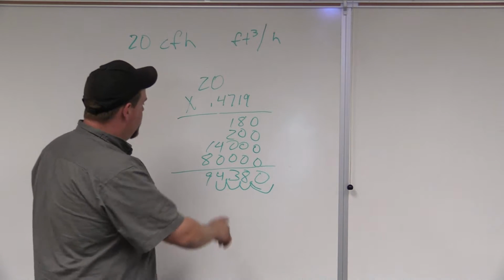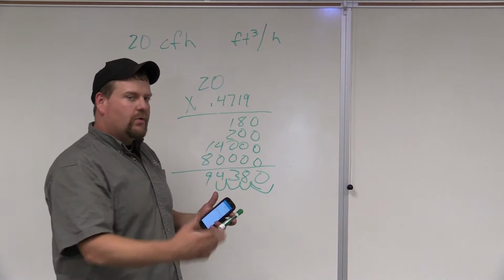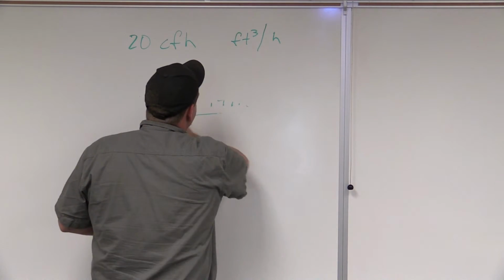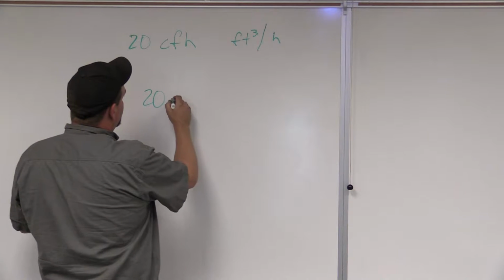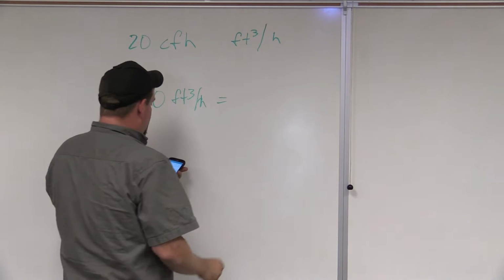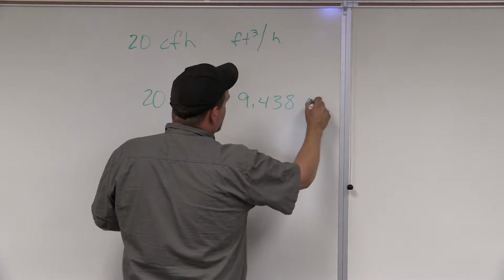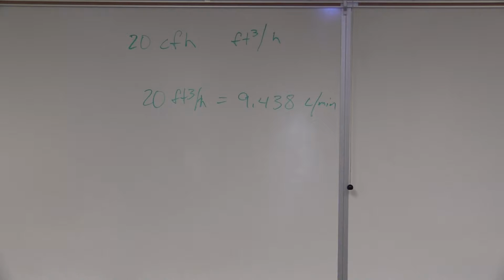If not, I would have ended up with something like 8, and we'd know that might be a little off, and I would redo it to double check. So now we have 20 cubic feet per hour equal to 9.438 liters per minute, correct?